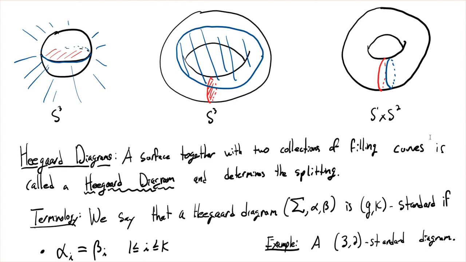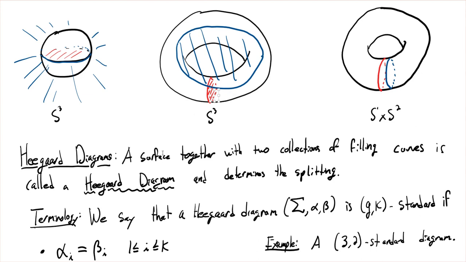Therefore, a surface together with two such collections of curves determines a closed three-manifold. We're going to restrict our attention to the manifolds S3 and S1 cross S2 as we've just gone over.